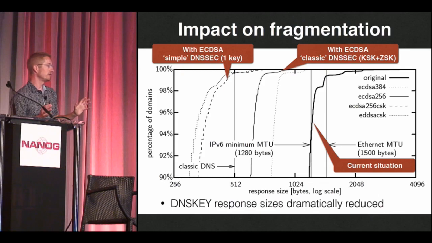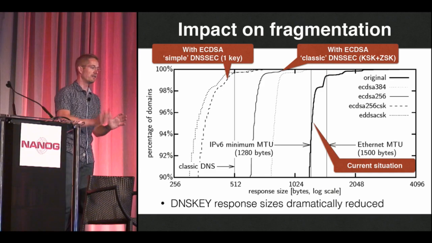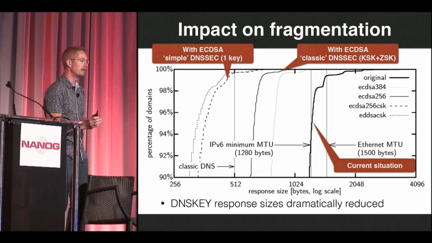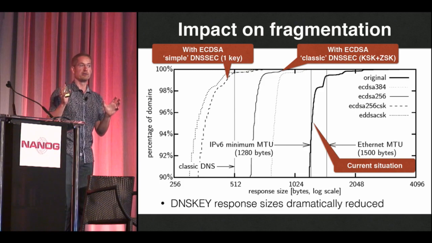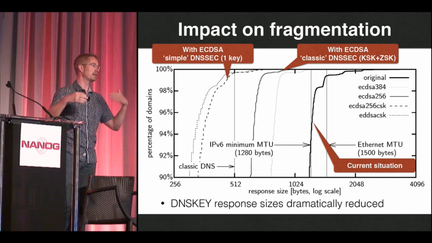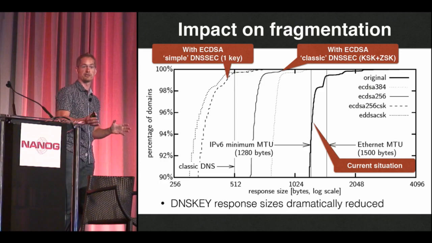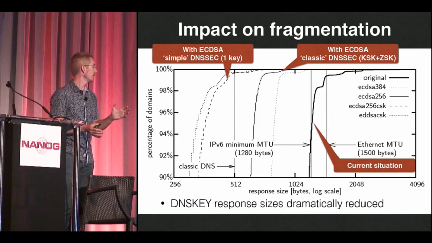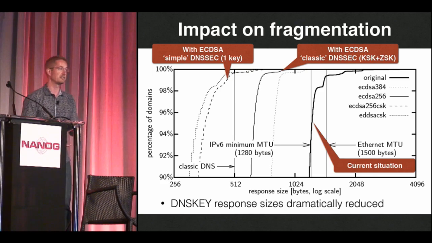If we go back to the DNS key response sizes, then if you look at this figure from right to left, the current situation is the dark line on the right-hand side of the figure, which shows you that roughly the top 10% of DNS key responses that we get for .com, .net and .org zones don't fit in the minimal MTU size for IPv6, and roughly 1% don't fit in the usual MTU, so 1500 bytes for Ethernet, which is what you see for IPv4 mostly.